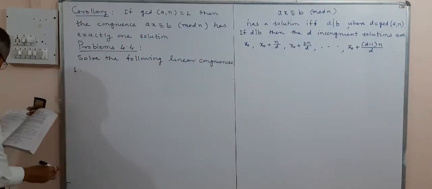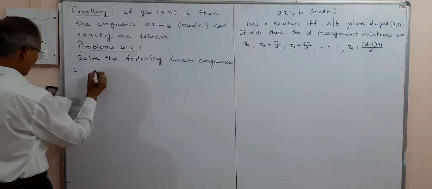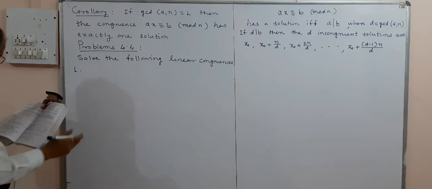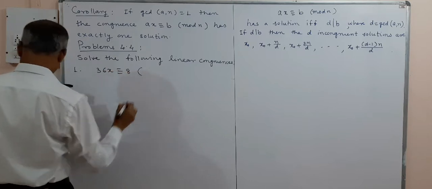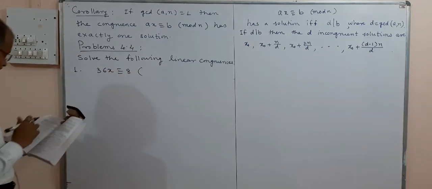First, we will consider 36x ≡ 8 (mod 102).